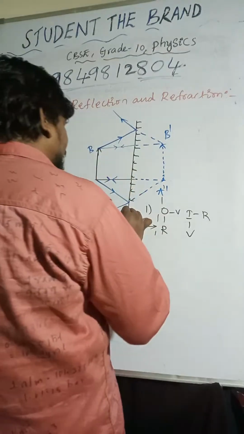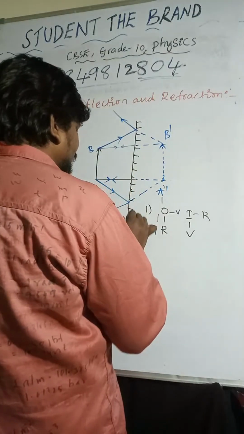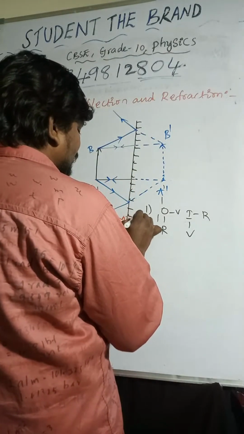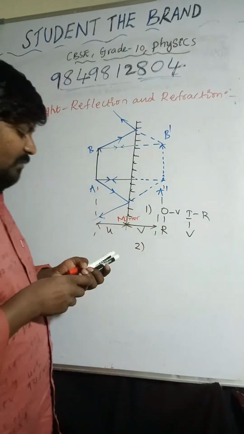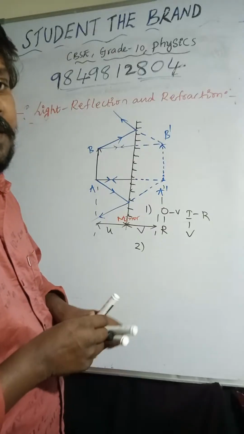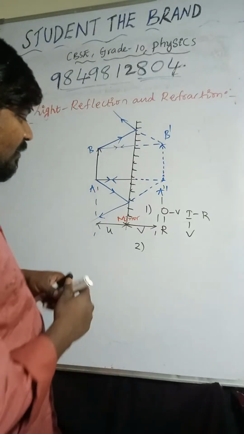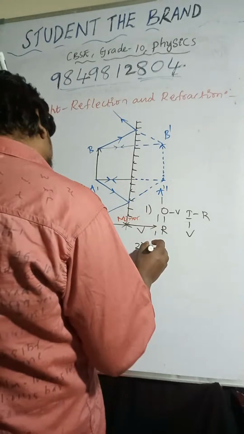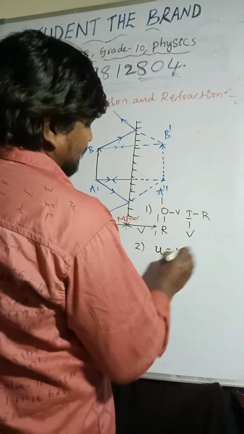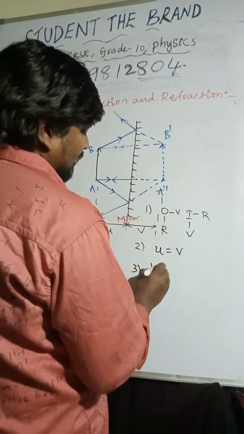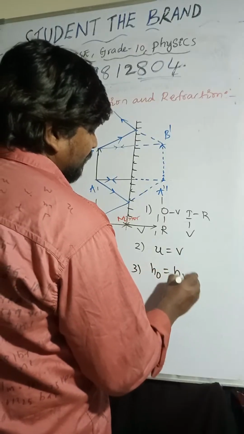So mirror to image is called image distance, and mirror to object is called object distance. So now, object distance is equal to image distance, and the height of the object is equal to the height of the image.